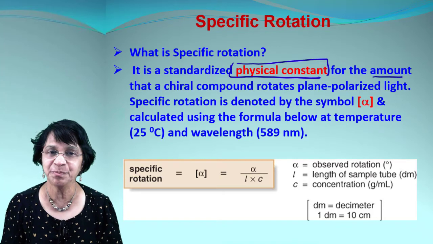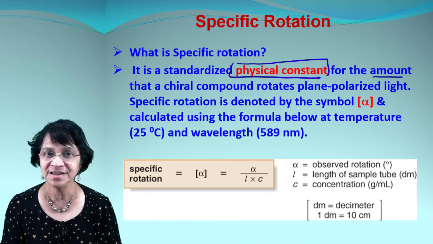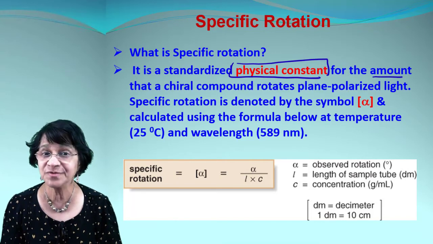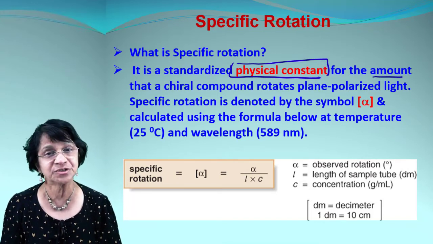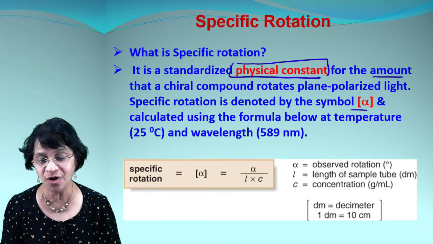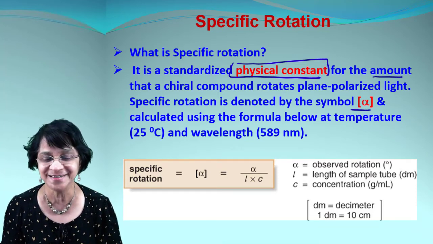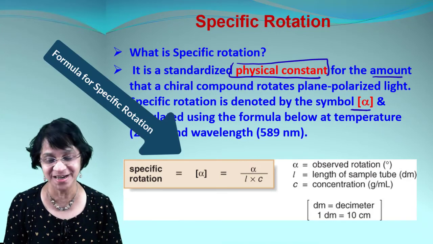So this means for a particular chiral compound at a particular concentration, this physical constant, specific rotation value, or what we call alpha, will always be the same. It will be constant. And here is the calculation.